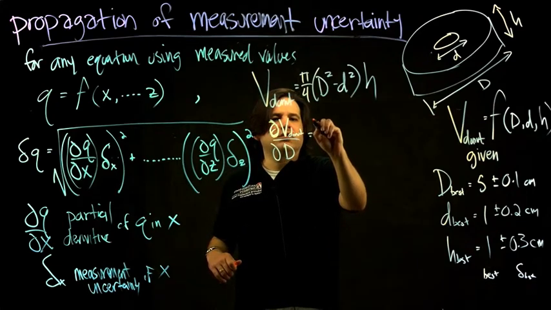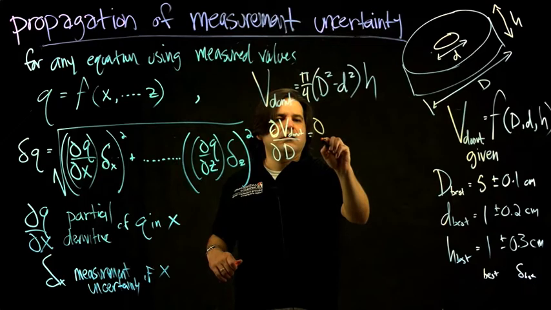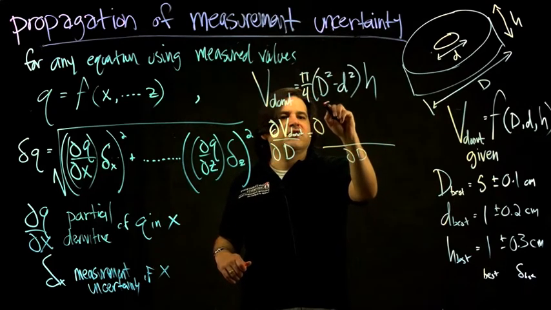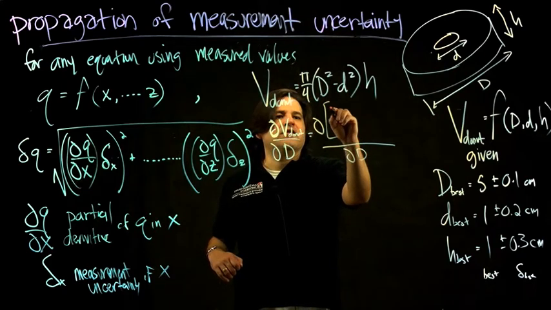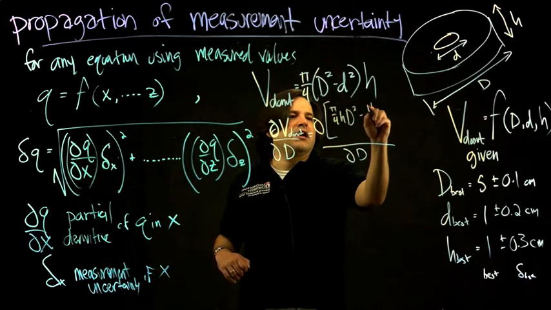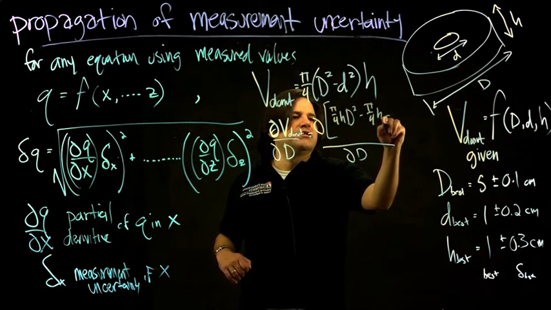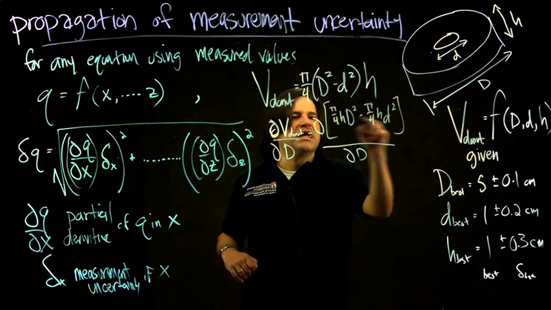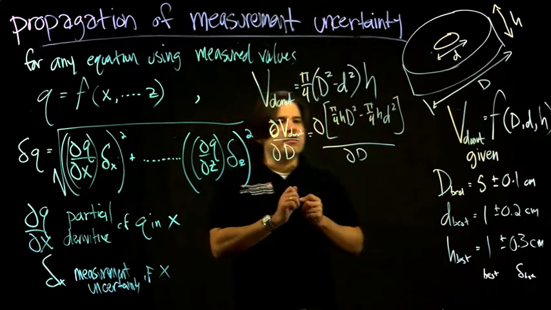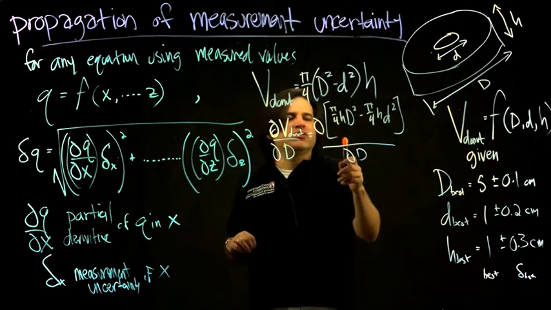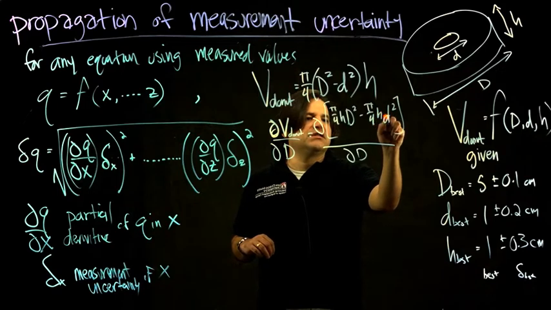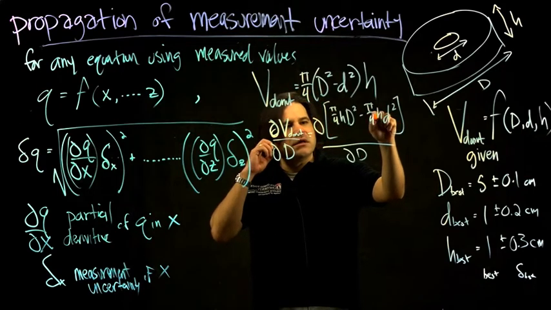It's the partial derivative with respect to d of this function, which I'll separate out for you guys. Pi over 4 h d squared minus pi over 4 h d squared. That's V. Assuming when you take the partial derivative, everything else is constant, so h is constant, the little d squared is constant, these numbers are constant.